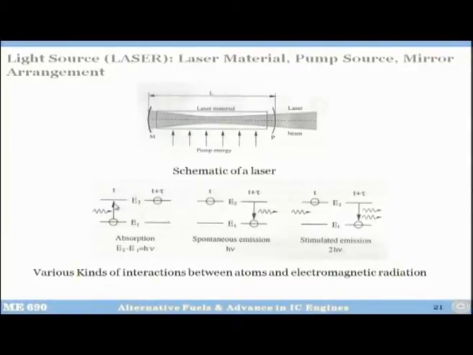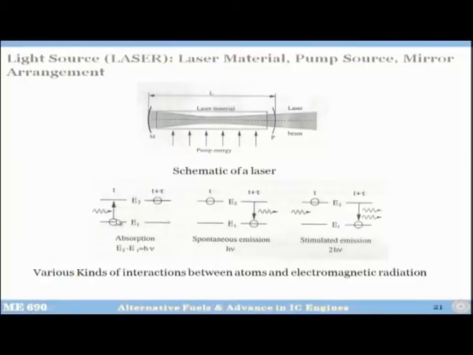Once the material gets excited, what is happening here is that you have a material which has two electronic levels. Okay. So this is the lower electron level and this is the higher electron level. So when a photon is absorbed by the electron, it will rise to the higher state. For example, there is a photon whose energy is equivalent to the difference in these two states.